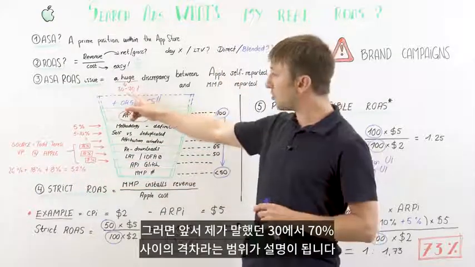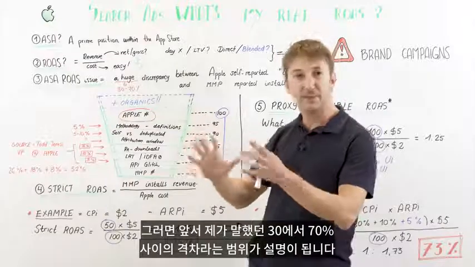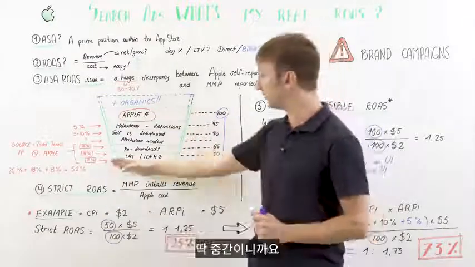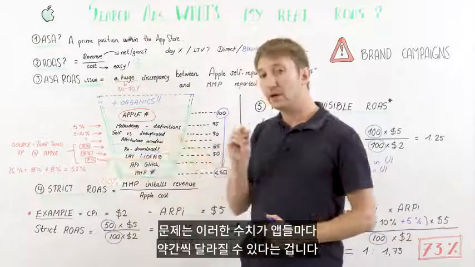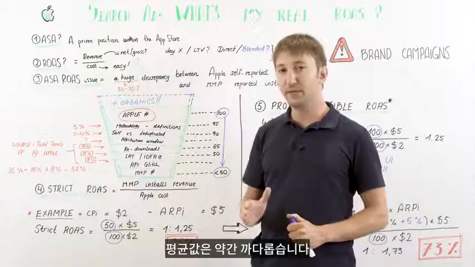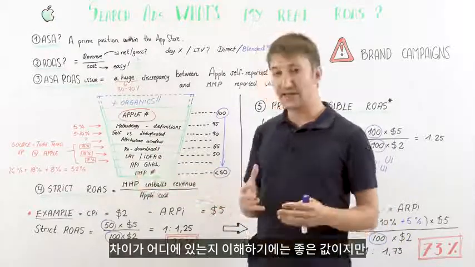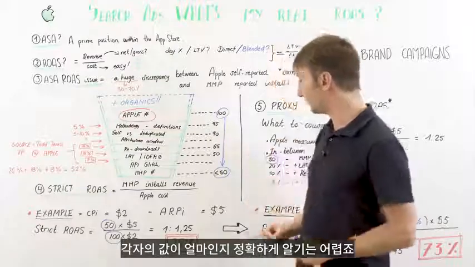That explains more or less where, within the 30 to 70% discrepancy I mentioned before, we land: right in the middle. Those numbers are going to change a little between one app and another. Averages are a bit tricky. They're good values to understand where the difference is, but you're going to want to check what exactly yours is.